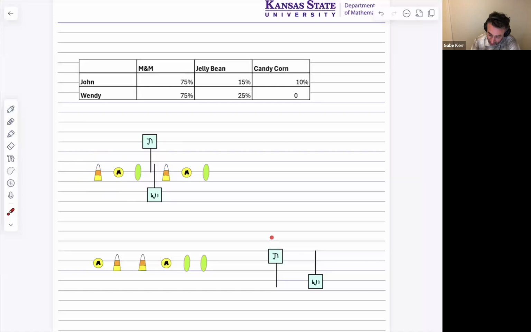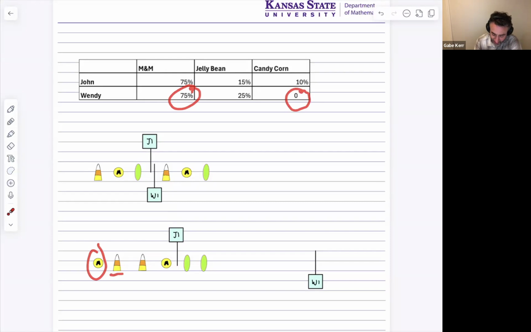So John would say, okay, I'm going to place my marker here, because anything less than here, I get less than 100 on the left. Wendy, though, would look at the same kind of thing. And Wendy would say, okay, well, I've got 75 here. Candy corn, because it's so horrible, is worth 0.